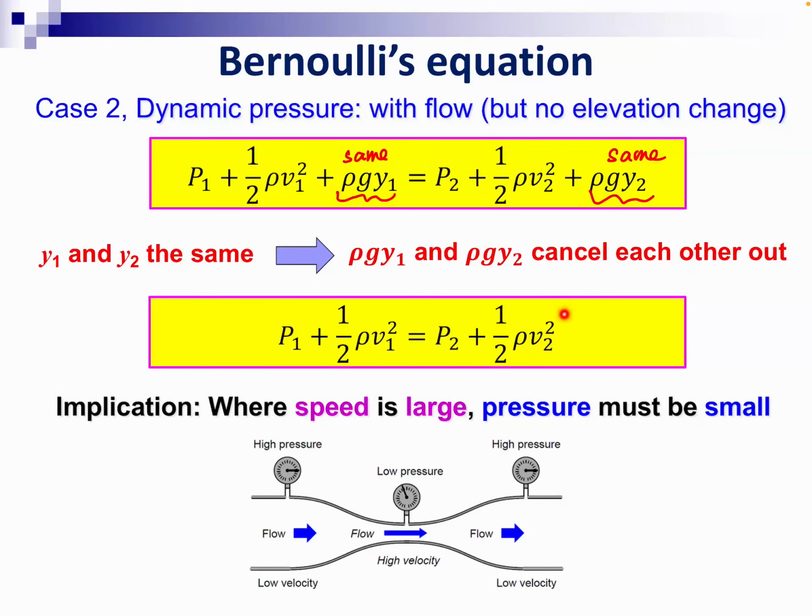So if you increase the speed, this term will increase, and therefore the pressure must decrease in order to keep this right-hand side equal. It's a new concept that we're learning just now.